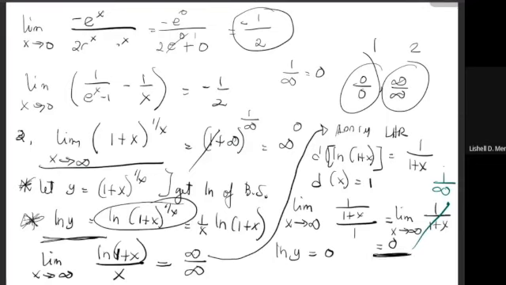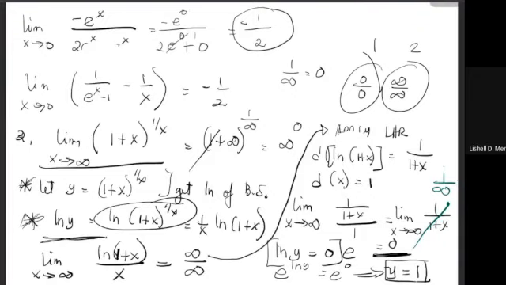So, solving for y, we get the e of both sides. So, we have e to the ln of y equals e to the 0. That means you have y equals 1. So, we now have an answer to our limit.